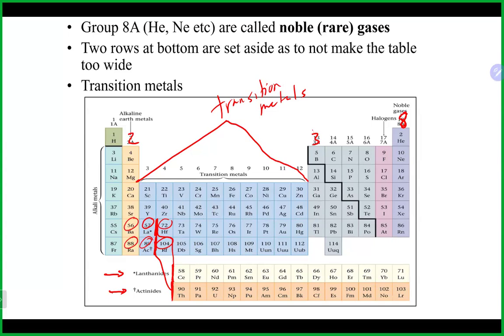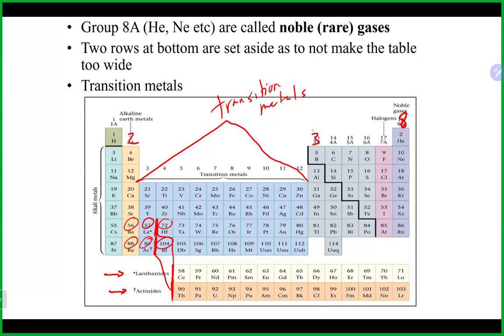For example, iron can typically make either a +3 charge or a +2 charge. Copper, for example, could do +1 or +2. So these guys in the transition metal region have the ability to make multiple different charges. And as we'll talk about with naming, that also means that you have to name them a little bit differently because they're able to do that.